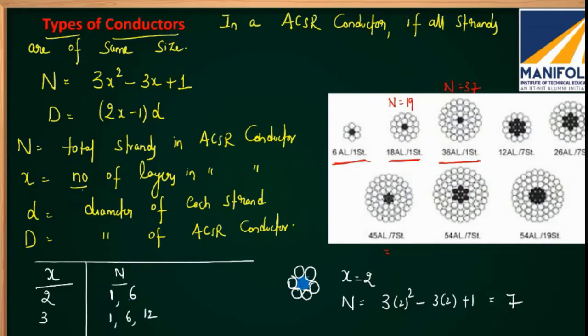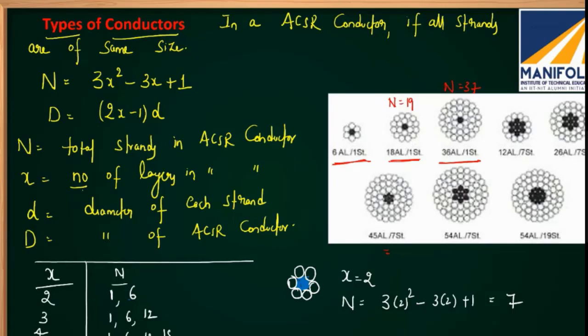For 4 layers, you're going to get 37: 1, 6, 12, and 18. For 5 layers you're going to get 1, 6, 12, 18, and I think it is 24. So like this, you can compute how many strands there would be depending upon the layers.